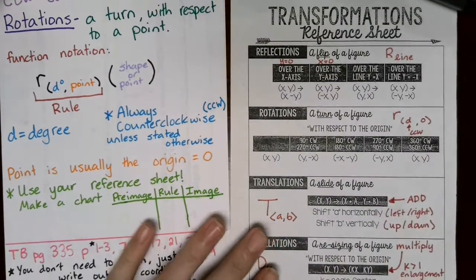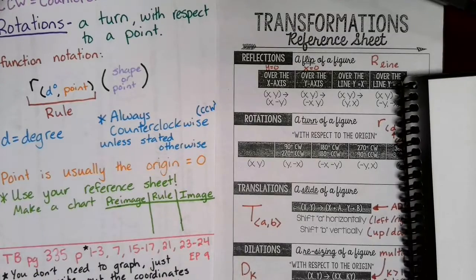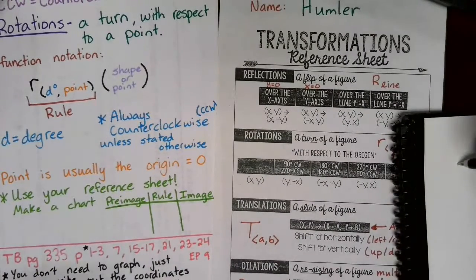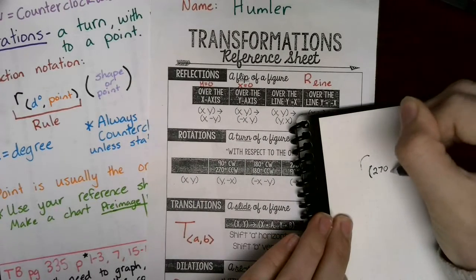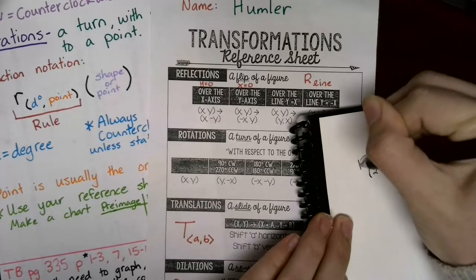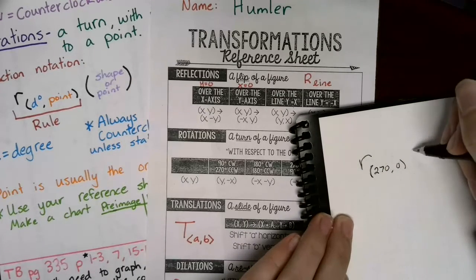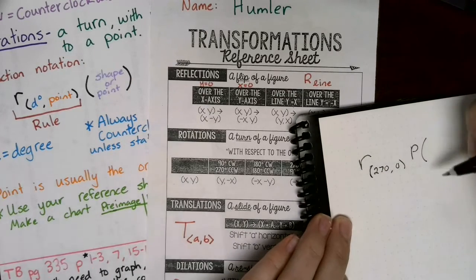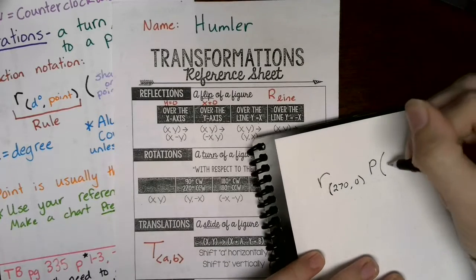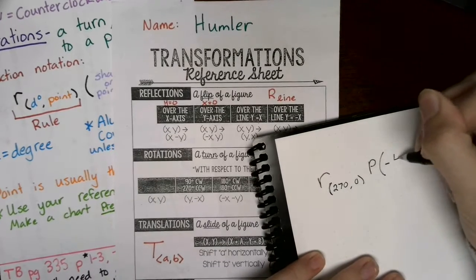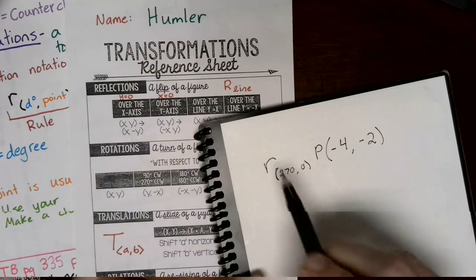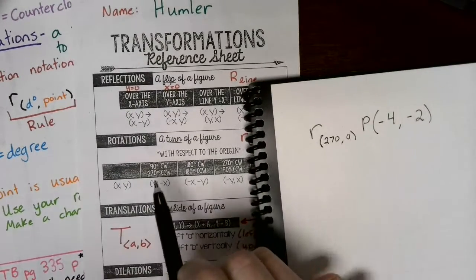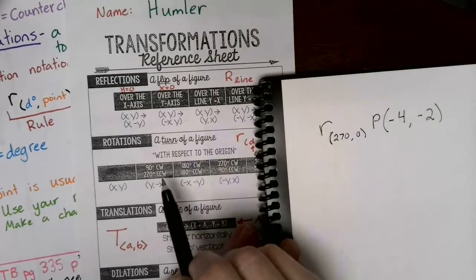So, for example, if I had a problem that said we are going to rotate 270 degrees about the origin, okay, to point P. Let's make point P at -4, -2.